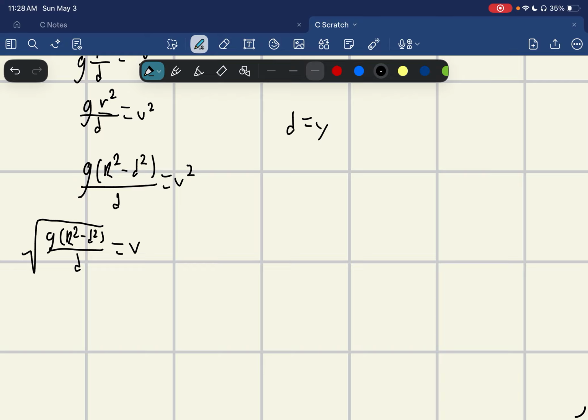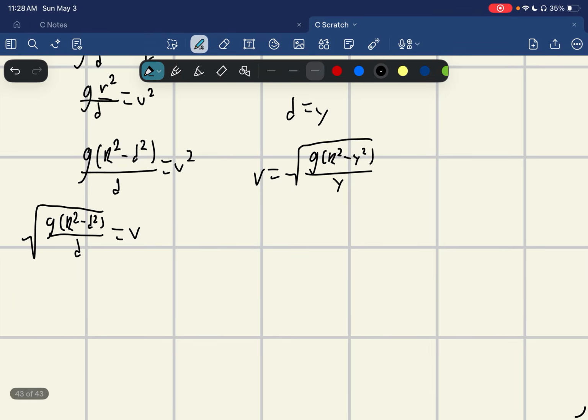But yeah, if d does equal the distance of y, then you could replace it in this equation. So it'd be v is equal to the radical of g times r squared minus y squared all over y. That's, in my opinion, the only scenario where I could see the equation for v have y in this form.